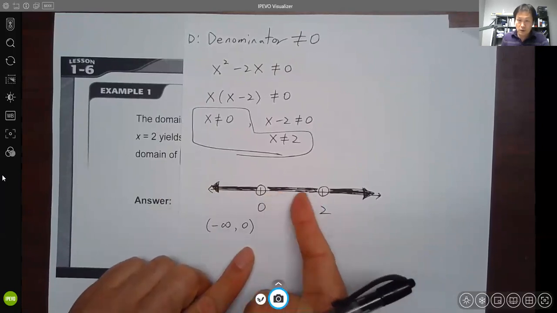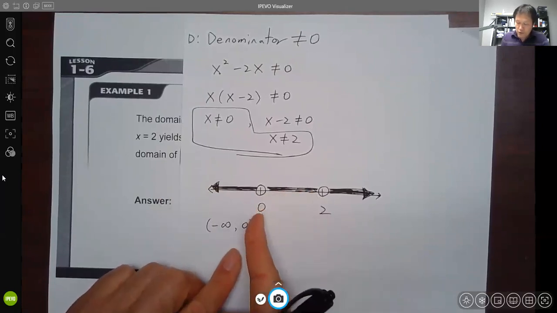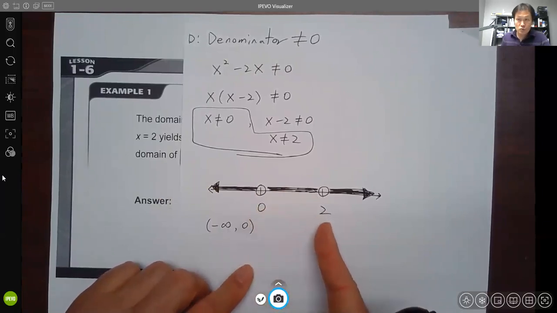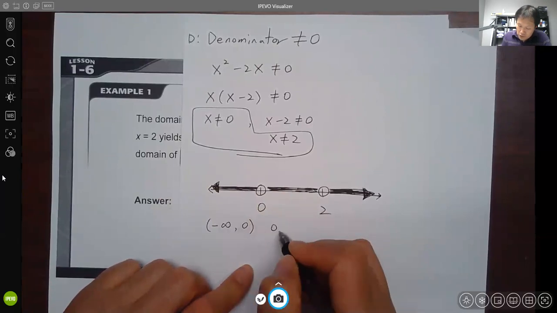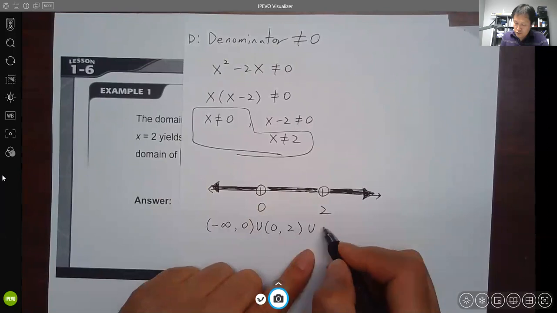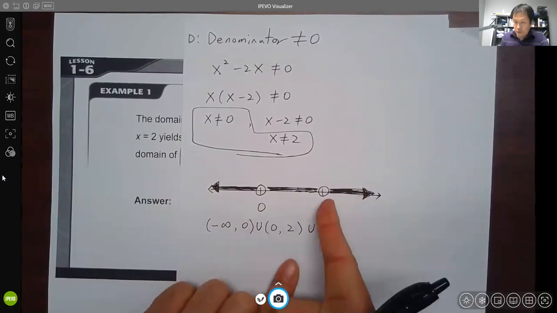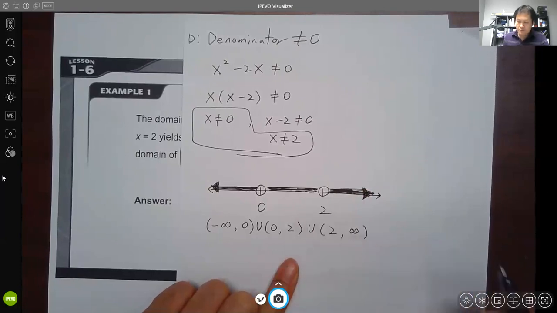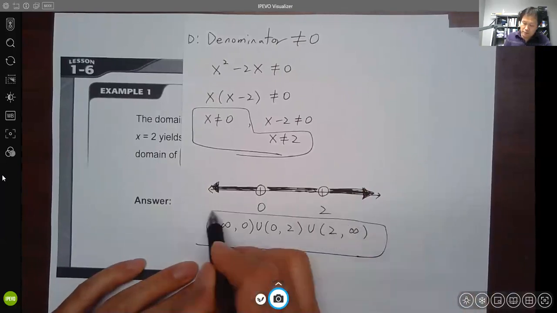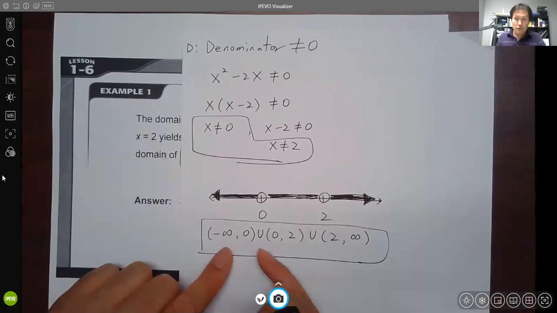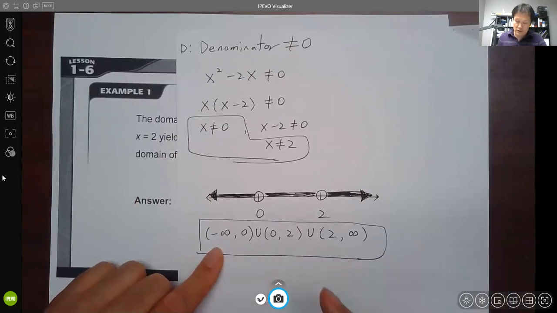The middle interval starts from 0 on the left and ends at 2 on the right. So 0, comma 2, parenthesis, parenthesis, union. Third interval, start from 2 forever to the right. So 2, comma infinity. That is the domain. Of course, this is a lot simpler, but when you are forced to answer in interval notation, you need to answer this as the domain.